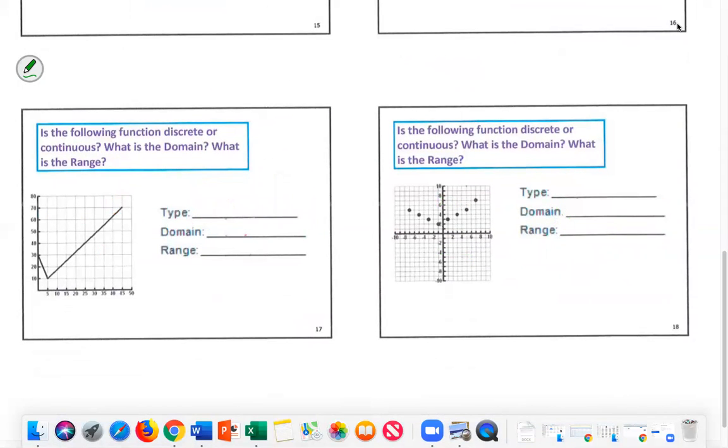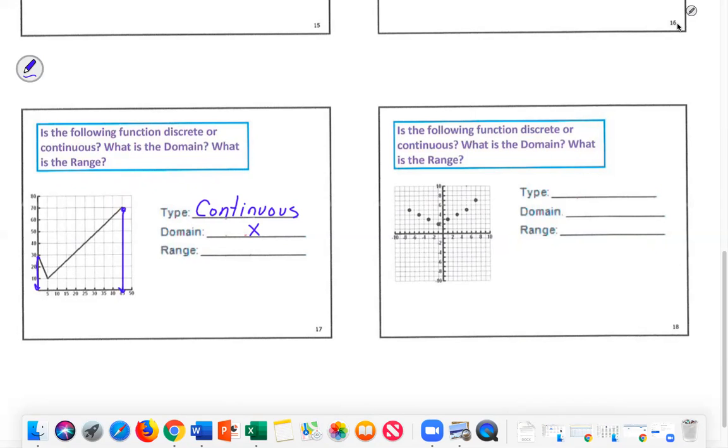So already I'm looking at this one on the left, and I can tell that this is going to be continuous. And since it is, I'm going to have that x value that's going to be between two numbers. So let's look at this. Let's look at my smallest x value. That's right there. Let's trace that down. And right there, let's trace that down.